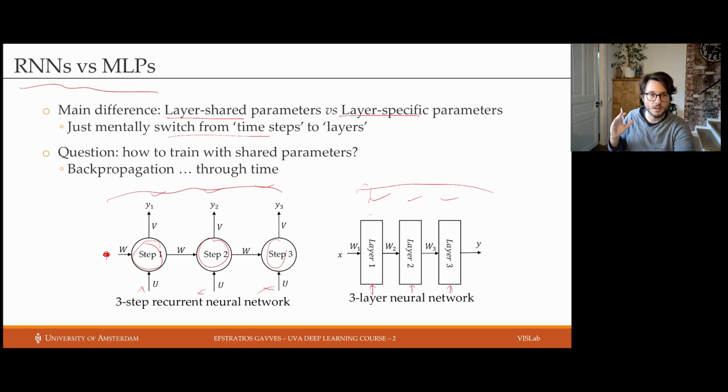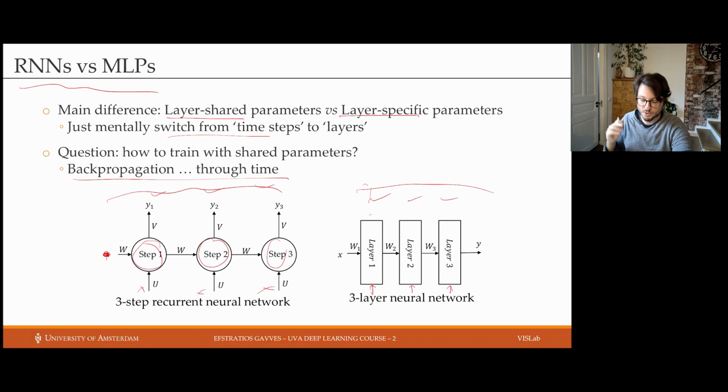Well, in many ways the training is similar in the sense that we still can use backpropagation. Nothing really changes. The only difference is that because we've got shared parameters through time, so the parameters are the same for different time steps, our backpropagation also specializes such that it handles time and shared parameterization.